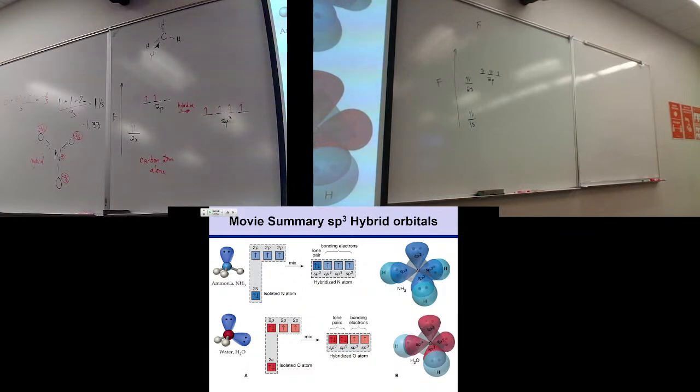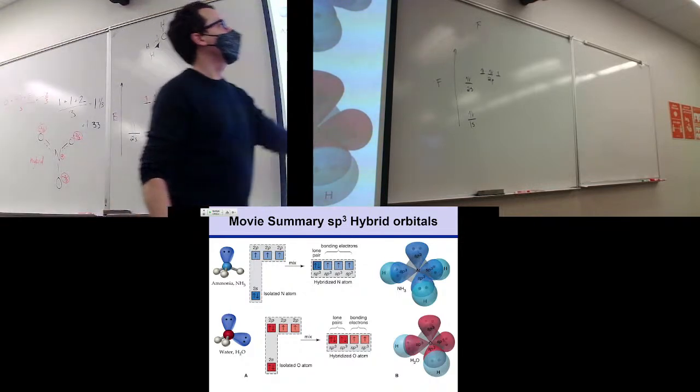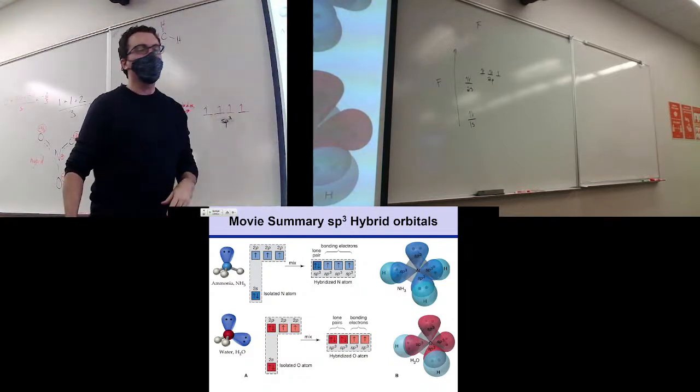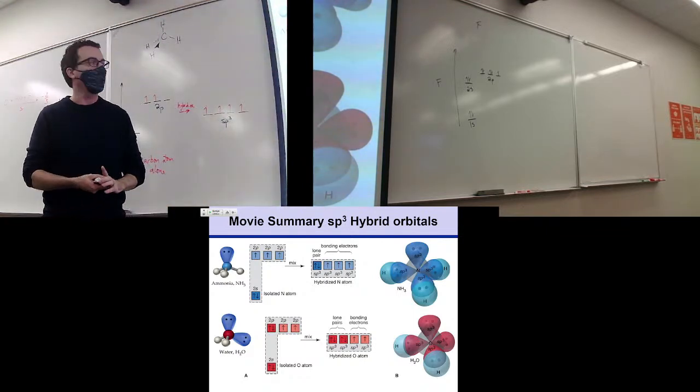So the 5th valence electron, notice, pairs up with that first one. And that's what the lone pair is. There's no need for bonding here because we already have a full orbital, and that's a lone pair. So there's spots for 3 other atoms to bond, and that's why ammonia is NH3, not NH4.